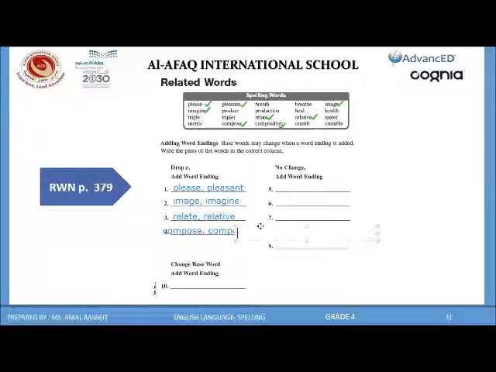Okay, now here, no change. I will go this time with this one. For example, no change: triple, triplet.